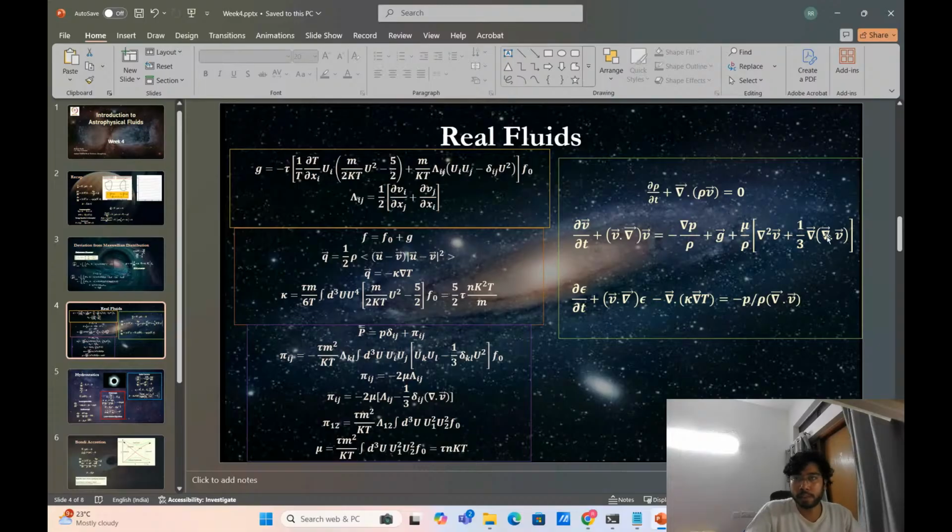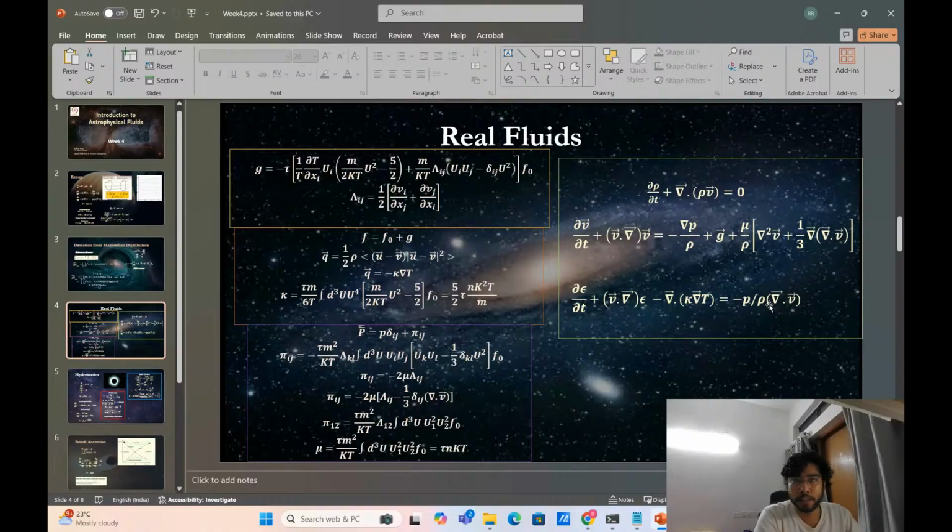Mu by rho is known as the kinematic viscosity, and is also denoted as nu in some places. And this is the energy conservation equation.